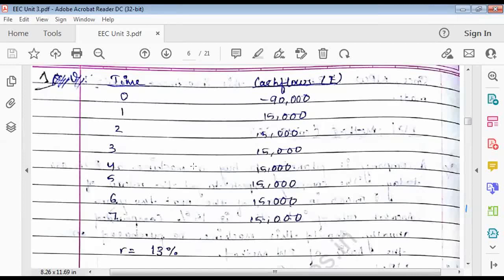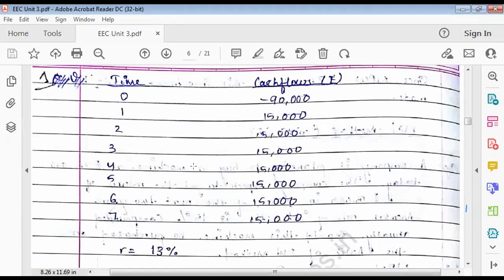The project is expected to give a return of 15,000 rupees each year for the next 7 years. I repeat, a project requires an initial investment of 90,000 rupees today. The project is expected to give a return of 15,000 rupees each year for the next 7 years.